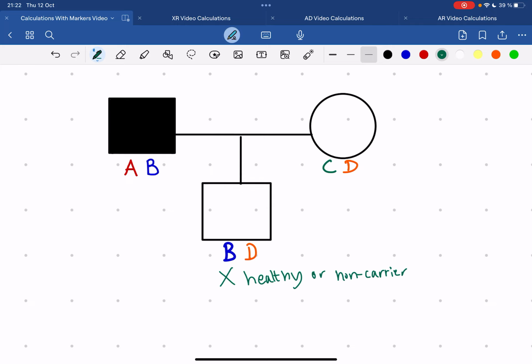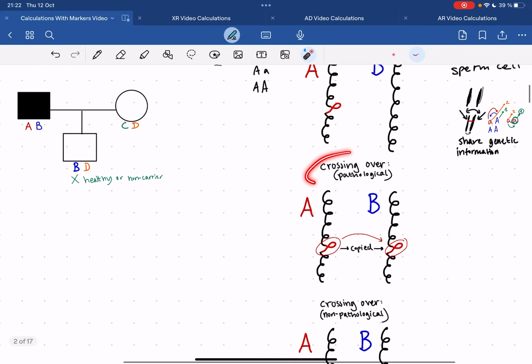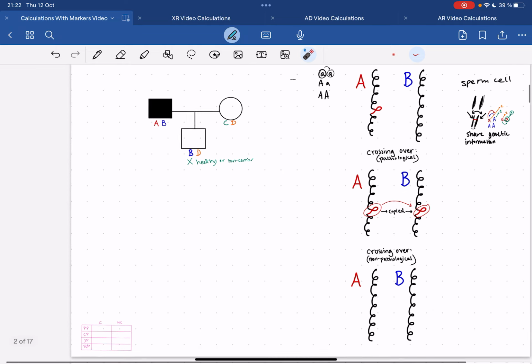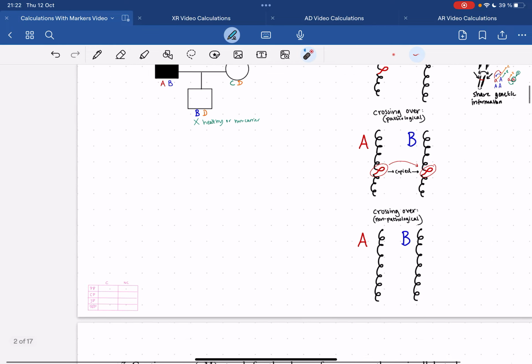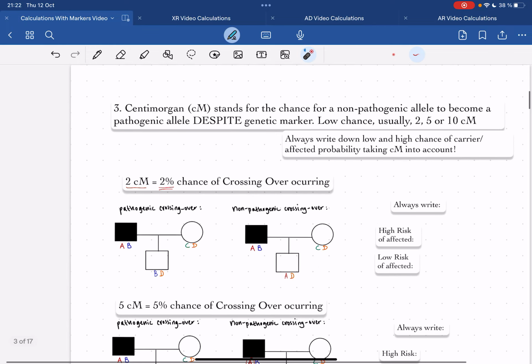There could still be a small chance that this has occurred, where even though we have the non-pathological marker, there could still be a pathological allele within this chromosome. So that's what crossing over is, very, very simplified.